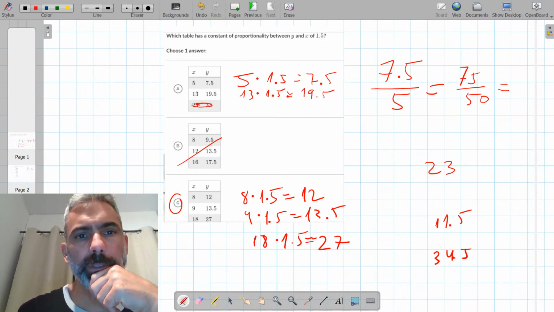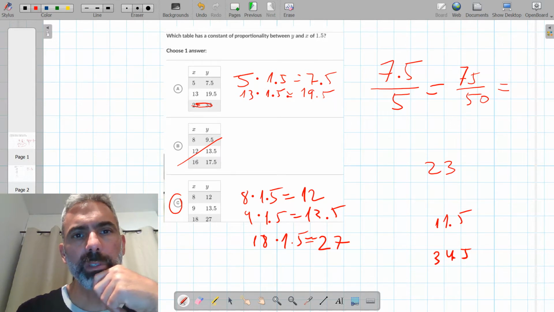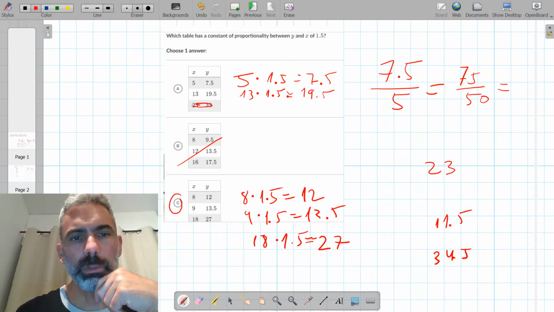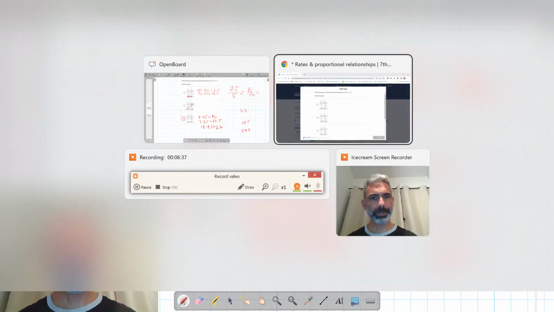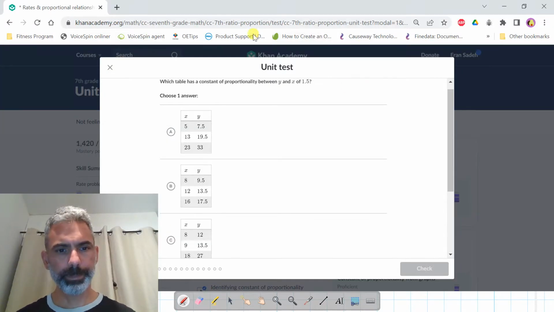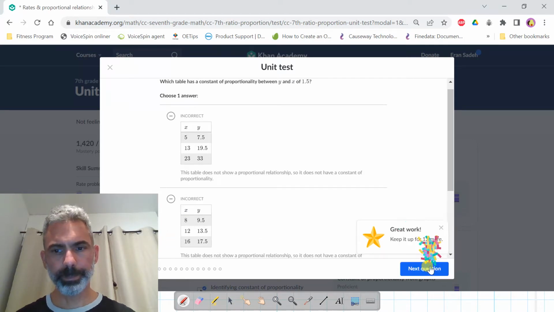So this pair does not have a constant of proportionality of 1.5. So the only table that has a constant of proportionality between y and x of 1.5 is C. Good.